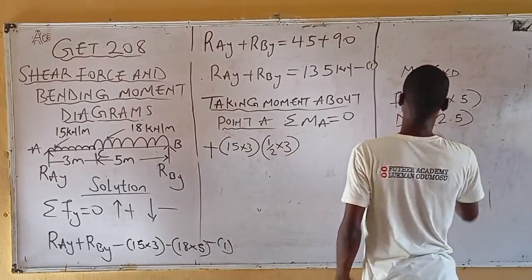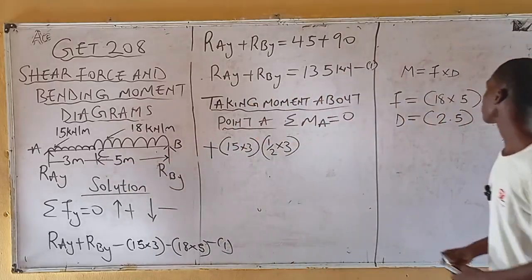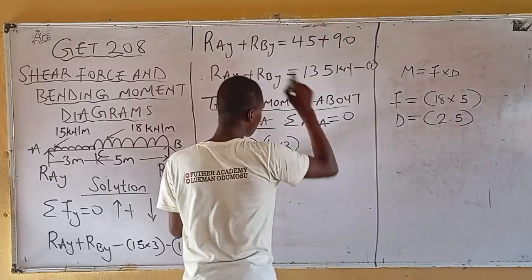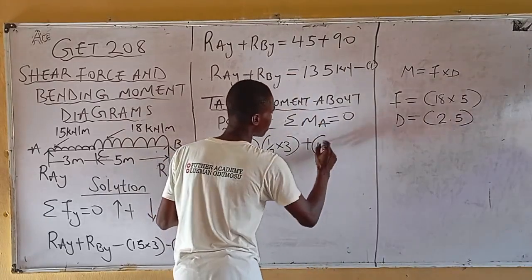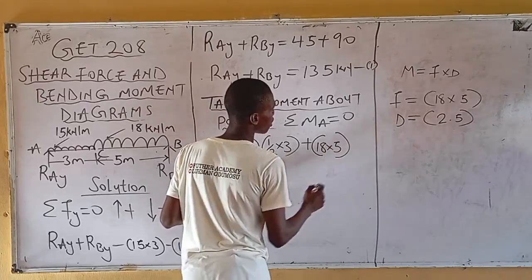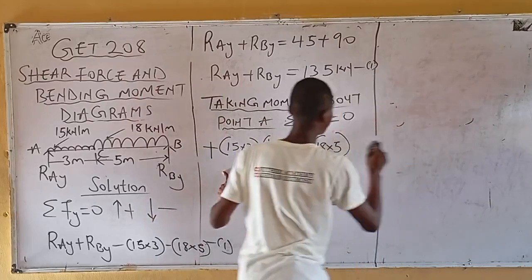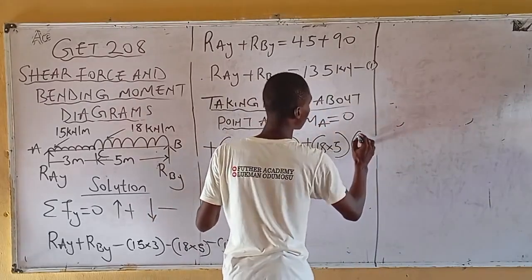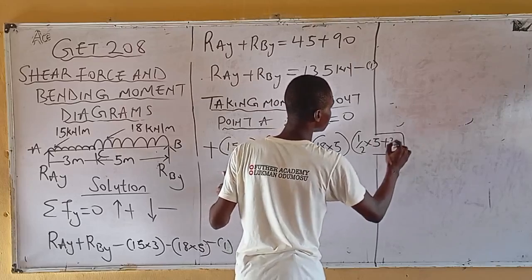Now the question is, is it going clockwise or anti-clockwise? Clockwise. Meaning that by clockwise I have positive, right? Positive, all into bracket: 18 times 5 multiplied by 1 over 2 times 5 plus 3.